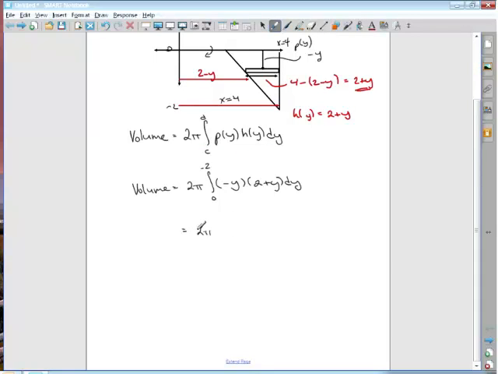And so we get 2 pi times the integral from 0 to negative 2 of negative 2y minus y squared, the whole thing times dy.